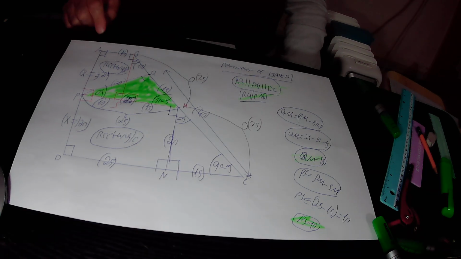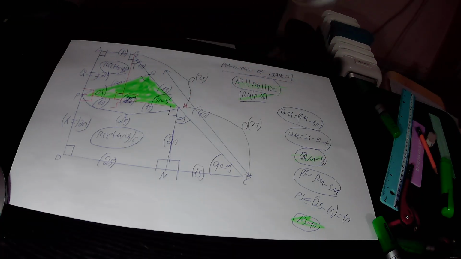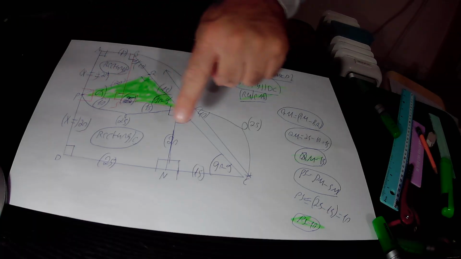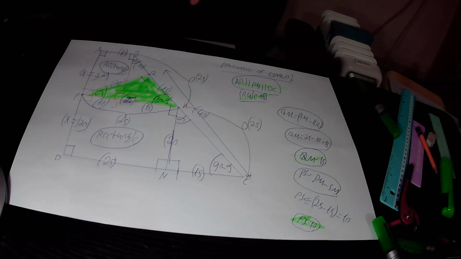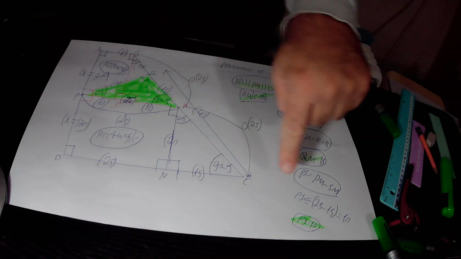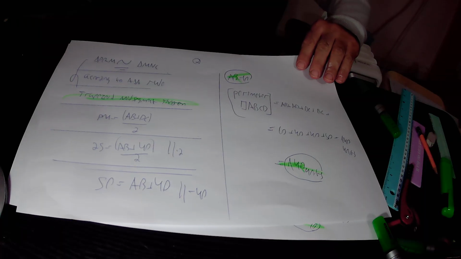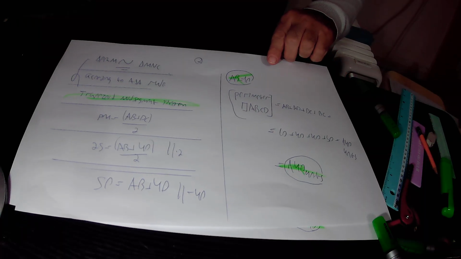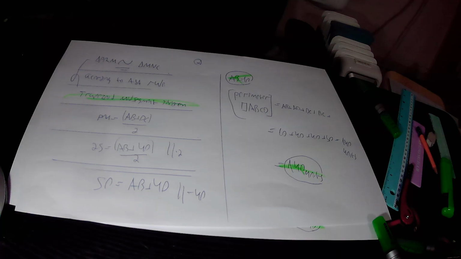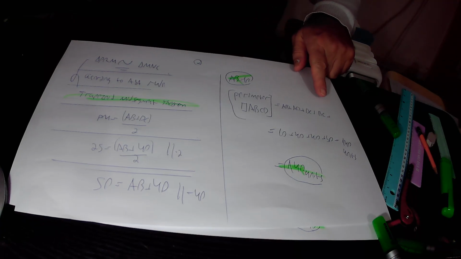Our task is to find the perimeter of this trapezoid ABCD, or quadrilateral ABCD. The perimeter of this quadrilateral ABCD is equal to the sum of its four side lengths, that is AB plus AD plus DC plus BC.